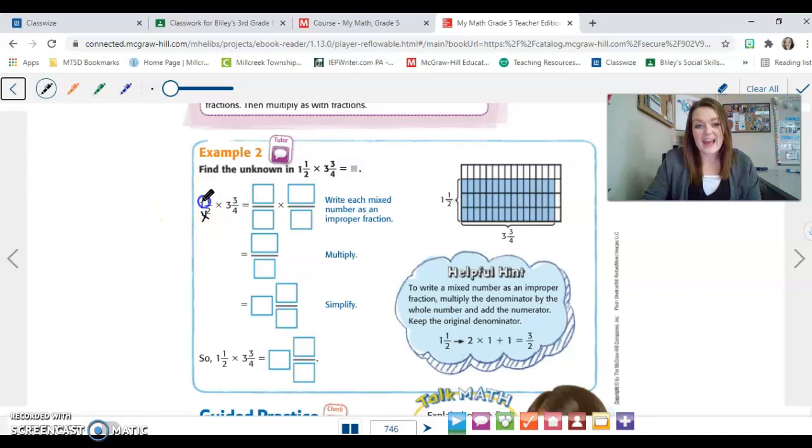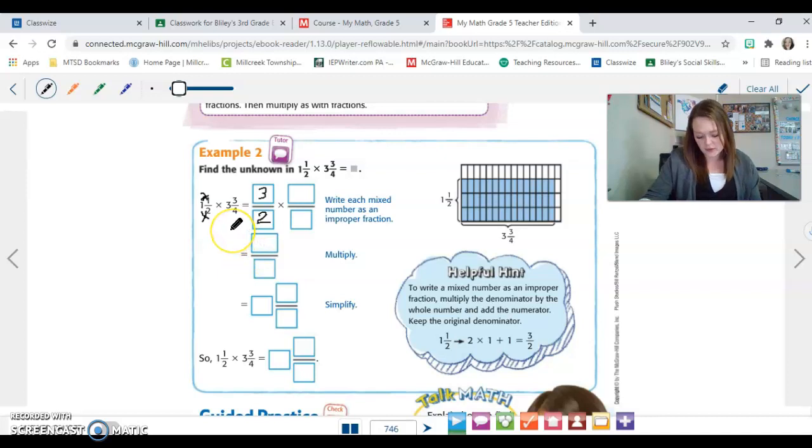And then we are going to add our top number. So this is a 2-step solution, and that's a plus sign. So we're going to do 1 times 2 is 2, plus 1 more is 3. So my improper fraction is going to be 3 on top, and my denominator stays the same, 2. So now my mixed number is now 3/2.